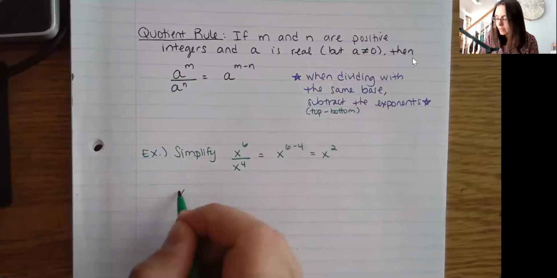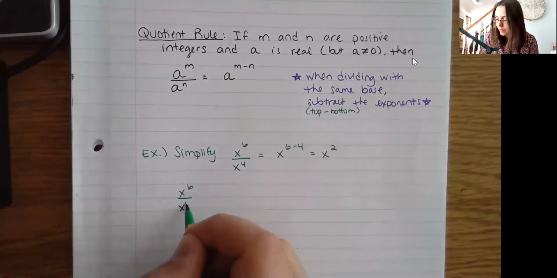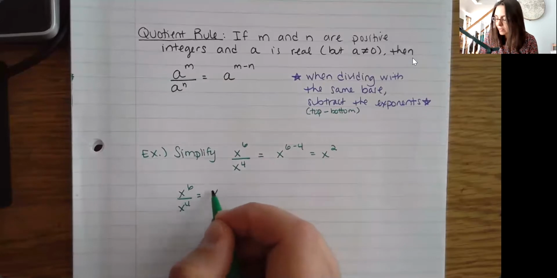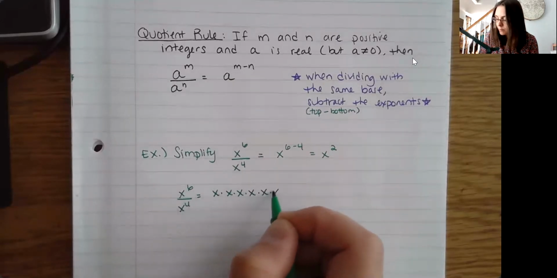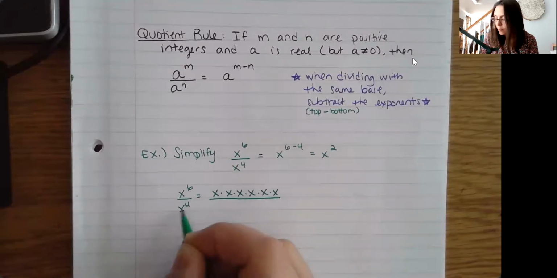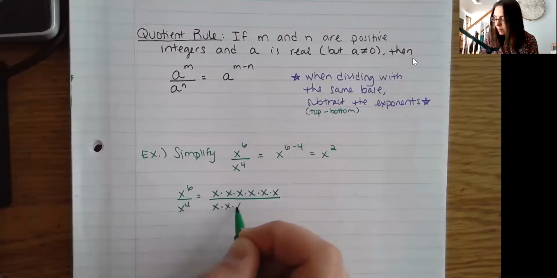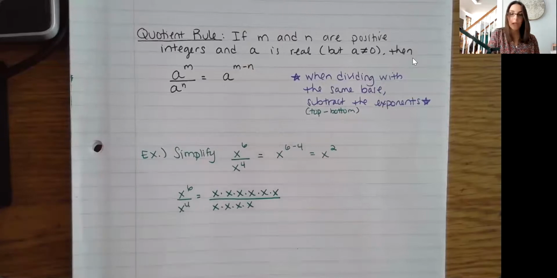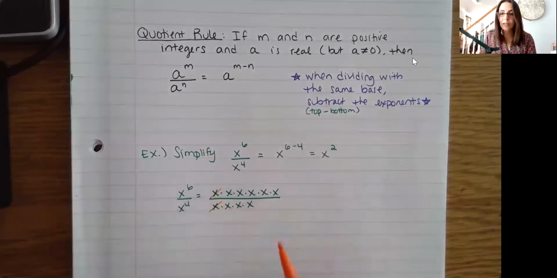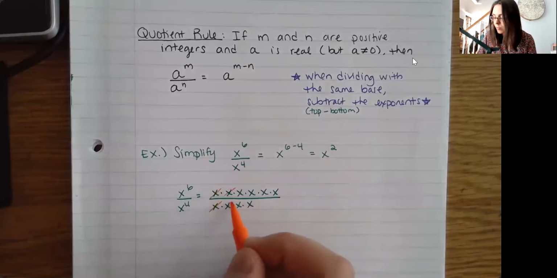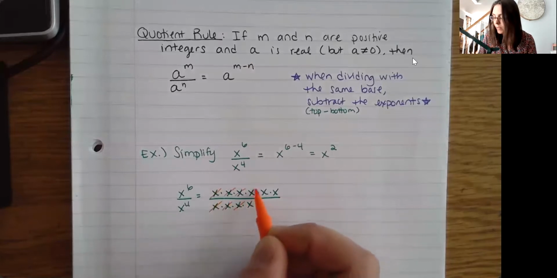If you think about x to the 6th and x to the 4th, x to the 6th means that we have 6 x's being multiplied together, and x to the 4th means that we have 4 x's being multiplied together. If you think about canceling and simplifying fractions, we can cancel pairs of factors on the numerator and denominator. So that pair of x's cancels, this pair cancels, this cancels, and this cancels.